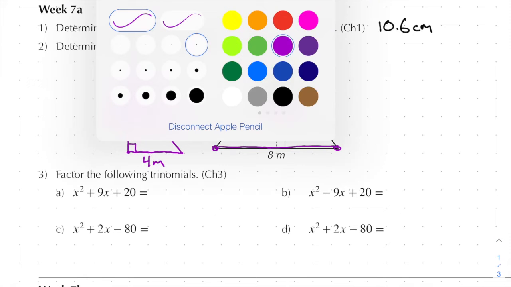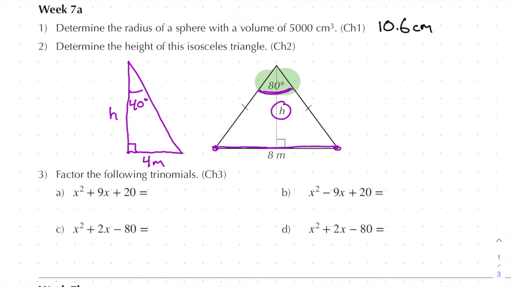I can determine whether to use sine, cosine, or tangent. Since this is my angle, this is my opposite side, and this is my adjacent side. So I'm going to use tangent because tangent is equal to your opposite over adjacent. So I'm going to write out my formula. Tangent of an angle is equal to my opposite side over my adjacent side.